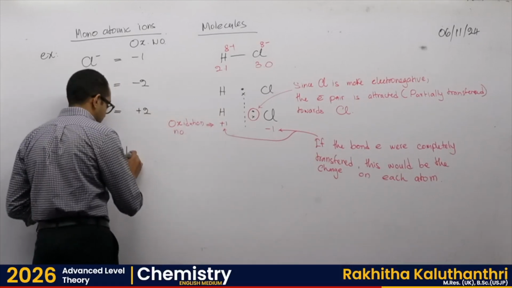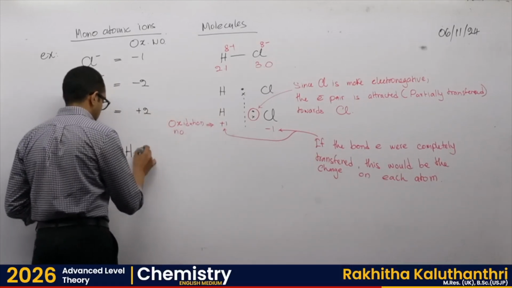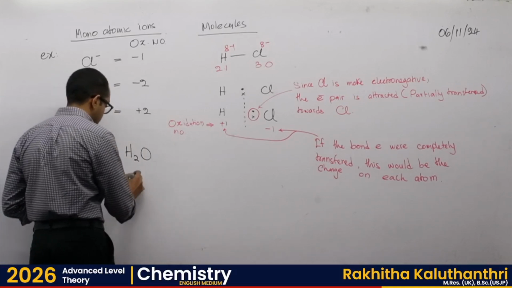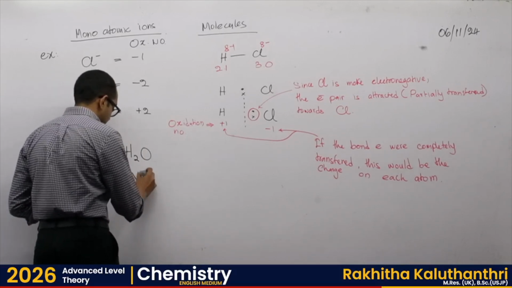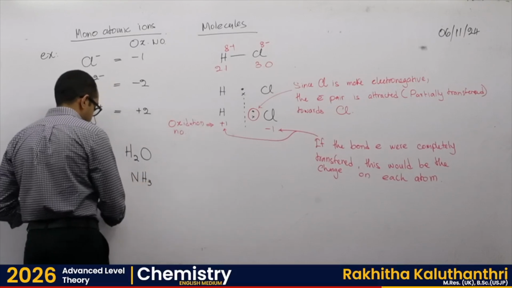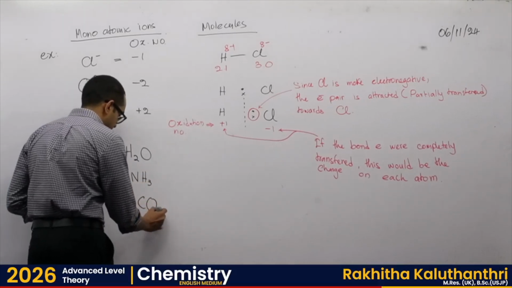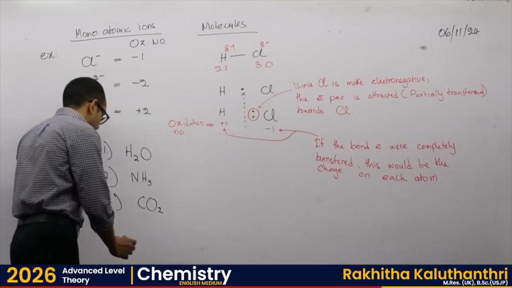So we'll start with H2O. We have already done it, right? Then we'll go to ammonia, NH3. We'll do simple ones, carbon dioxide, right?